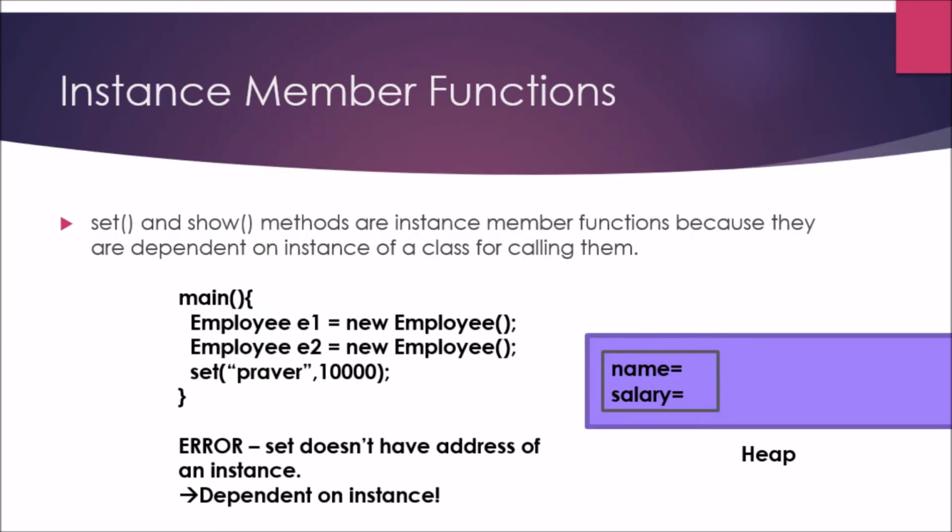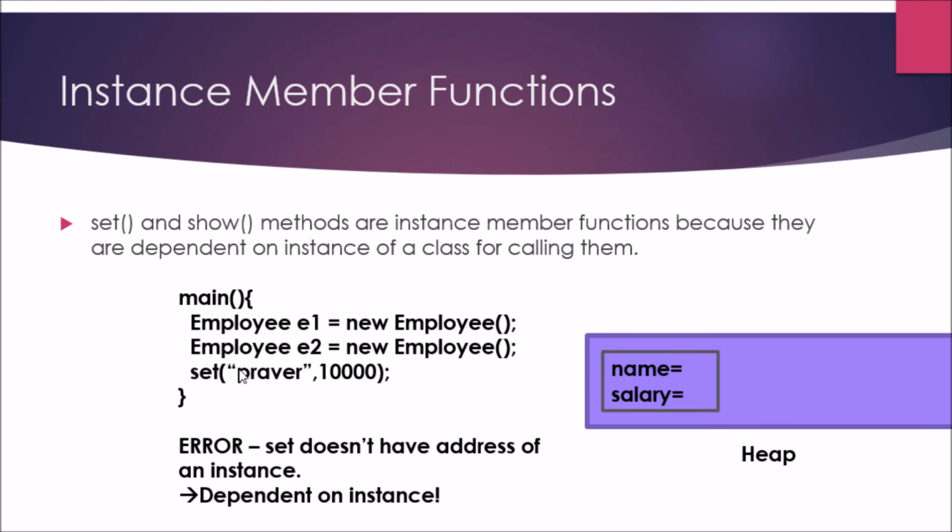Now we'll quickly see what instance member functions are. We have already done this, but we will quickly wrap up. The set and show methods that we wrote in the example are instance member functions, because they are dependent on an instance of a class for calling them. When we write Employee E1, we created two objects E1 and E2, and then we called the set method by passing two parameters, name and salary.